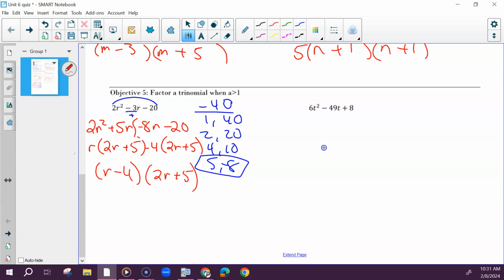Okay. The next one is just the same. So multiply 6 and 8.